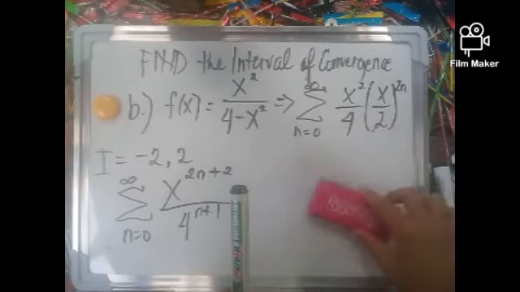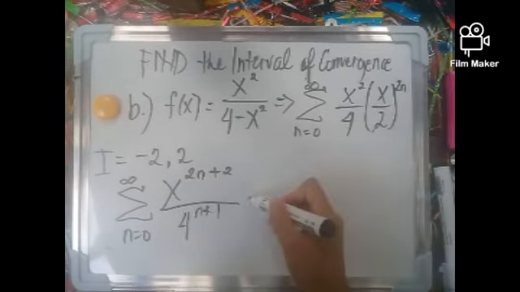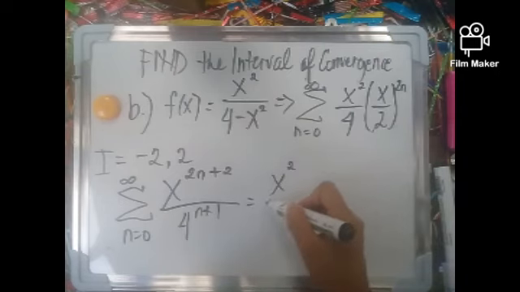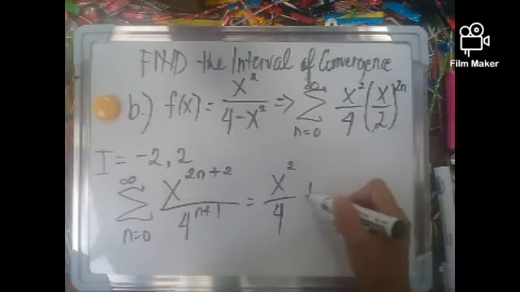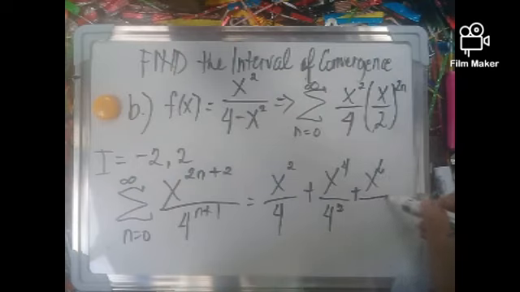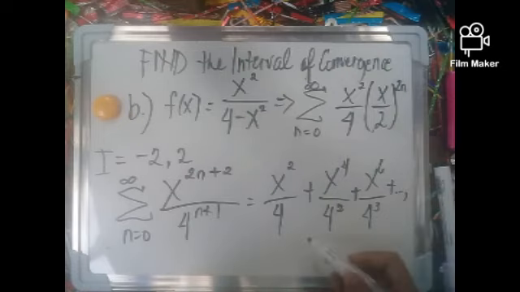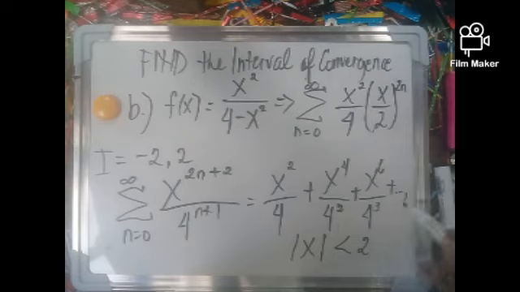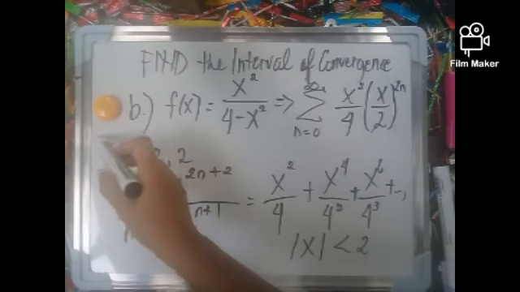So, sa series na ito, we have the values x squared over 4 plus x raised to 4 over 4 raised to 2 plus x raised to 6 over 4 raised to 3 plus and so on and so forth, in which yung values ng x natin is less than 2. So, it will converge. These are the interval of convergence.